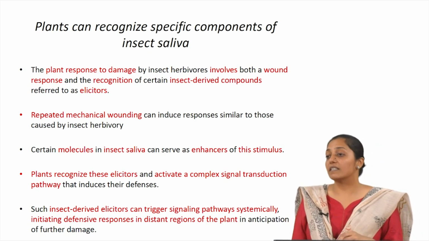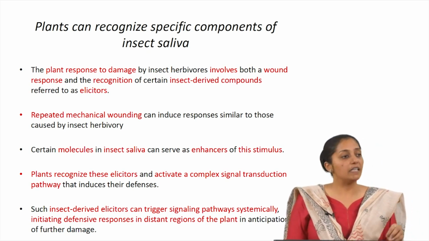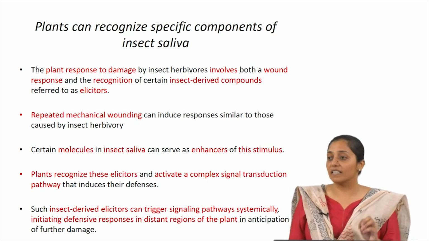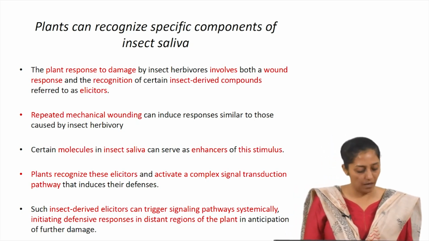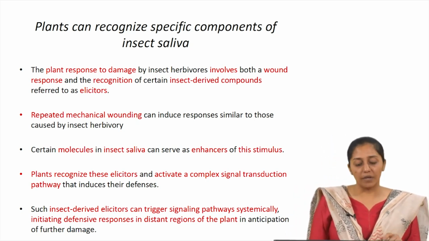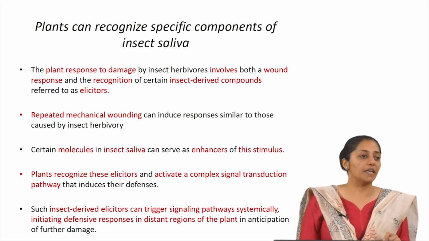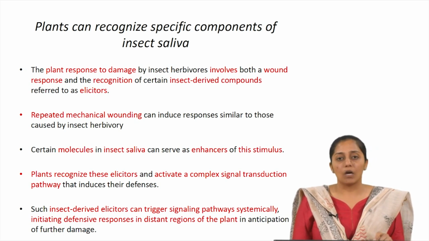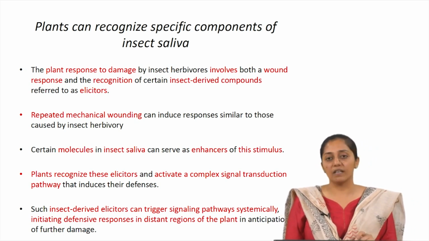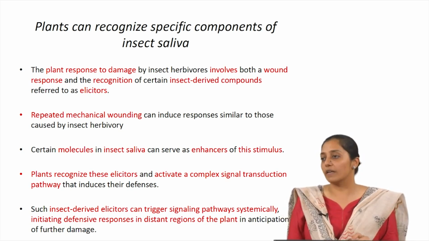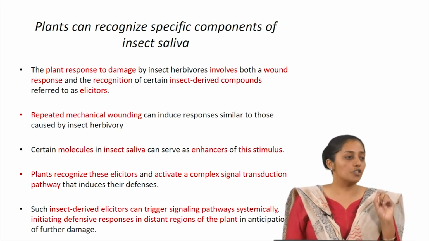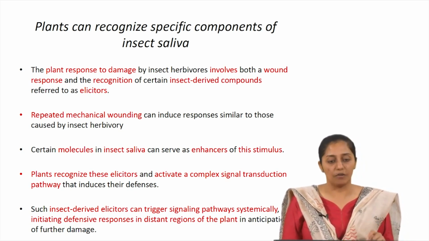Once recognized, these elicitors lead to induction of the signal cascade in the plants. Repeated mechanical wounding can also induce responses similar to that caused by insect herbivory. Now, molecules like insect saliva can act as enhancers or elicitors. Elicitors are nothing but a stimulus to the defense, the second line of defense.